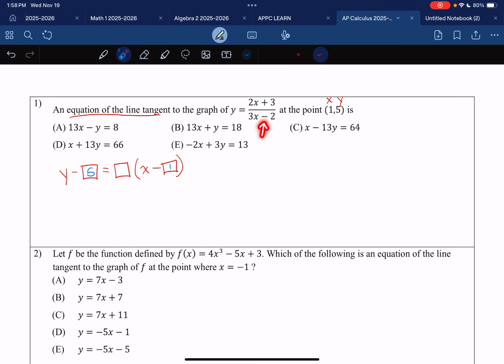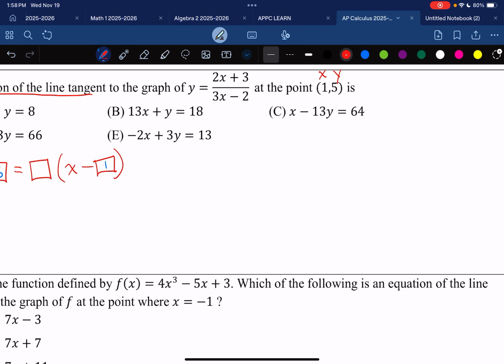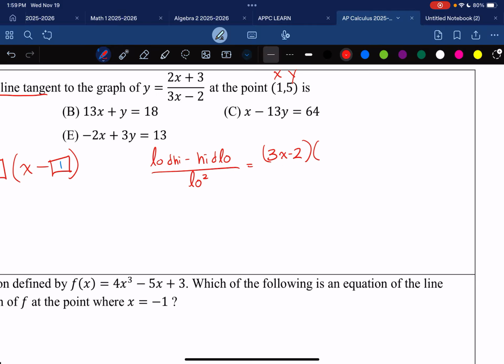Unfortunately, the derivative of a fraction means we are invoking quotient rule. As a reminder, quotient rule is low times d high minus high times d low, all over low squared. All right, our low is 3x minus 2. The derivative of high, the derivative of the numerator, is 2, minus high.